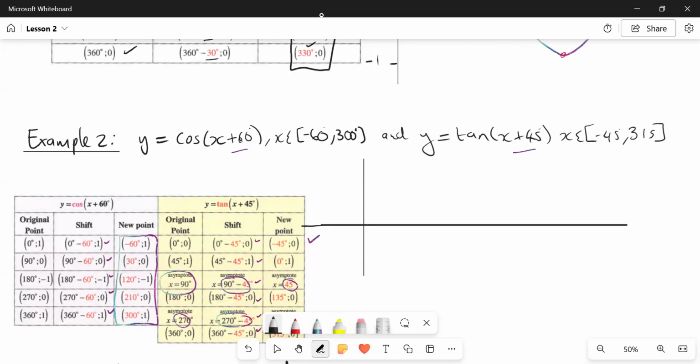So it starts at negative 60. Okay, let's have 0.5 and 1, negative 0.5 and negative 1. At 45, we have our asymptote, 135 there, 225, and then 315.